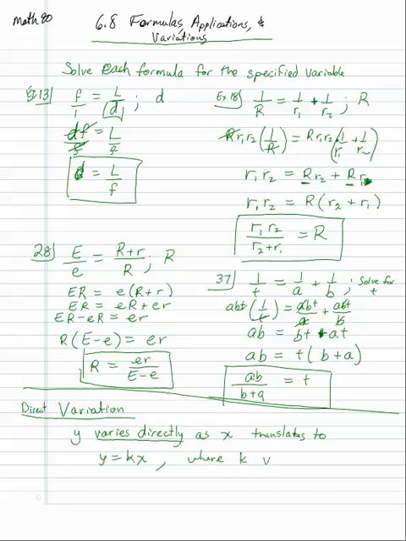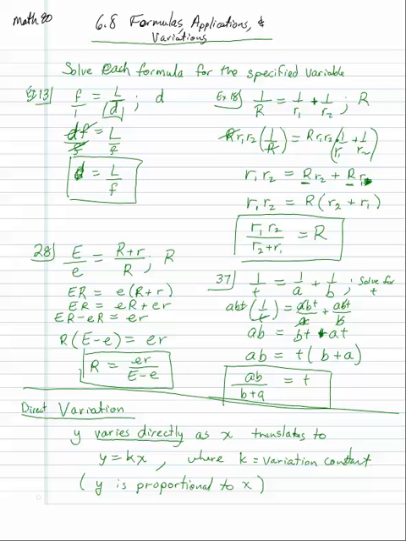Alternately to y varies directly as x, you could say y is directly proportional, or just proportional to x. That means the same thing as y varies directly as x.